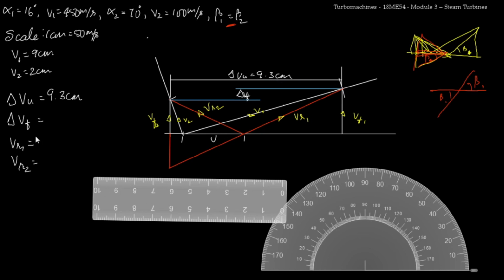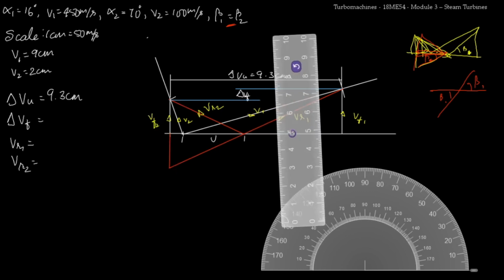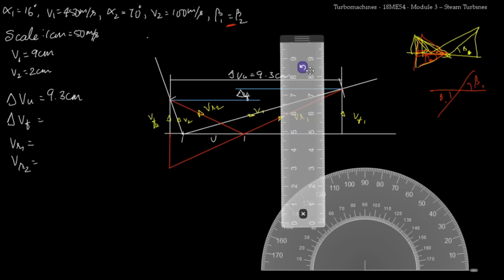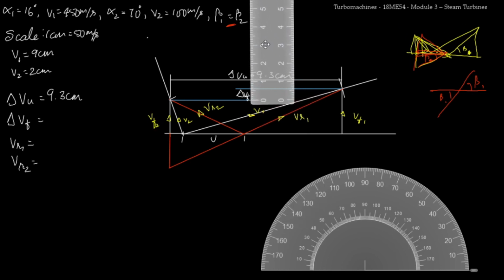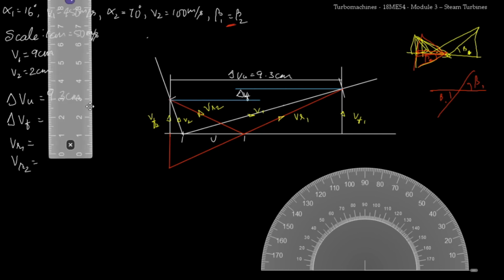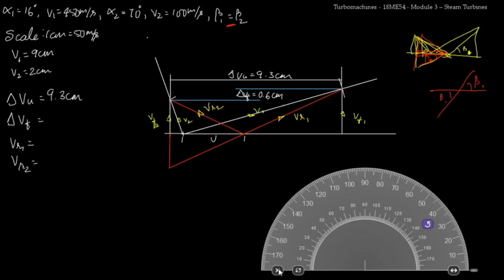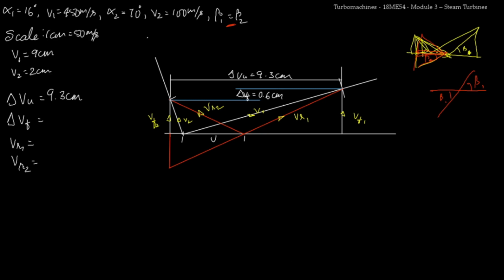Again, I'll take the scale, rotate it vertical, and place it over here. It's around 0.6 centimeters. So delta Vf is 0.6 centimeter. Now we are done with the construction.